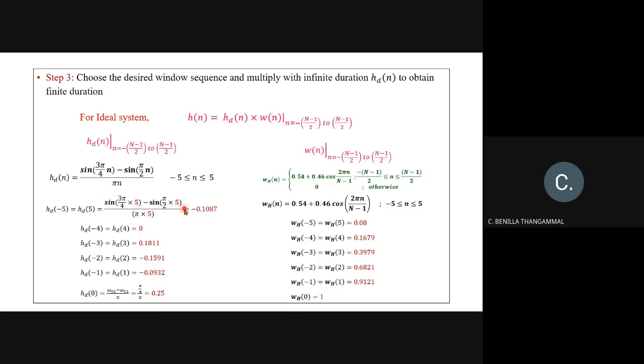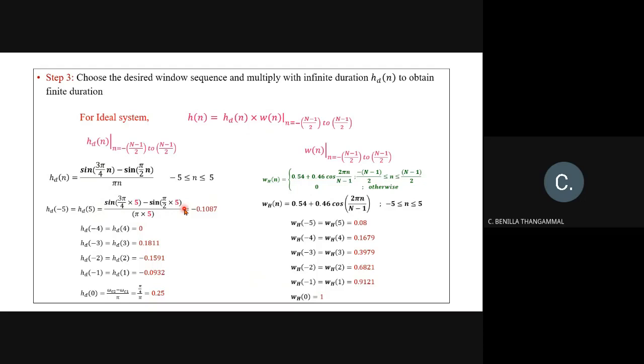Here you have to note down one thing. The window function will range between 0 and less than or equal to 1. So a negative value is not at all possible. If you are getting a negative value, then for sure your calculation is wrong.